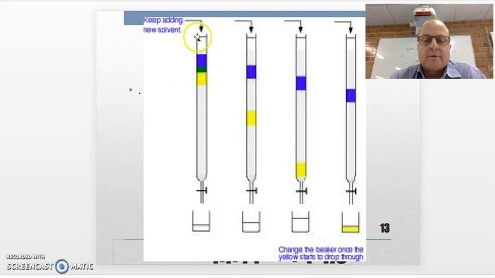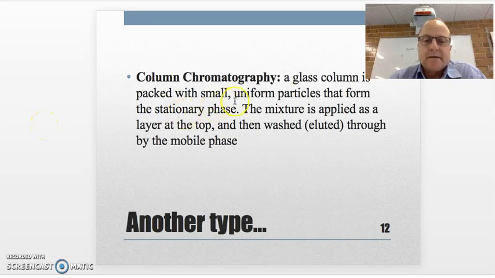So in column chromatography, we have a glass column. It is packed at the top here with the stationary phase. As mentioned here, the mixture is applied as a layer at the top, and then washed through by the mobile phase.